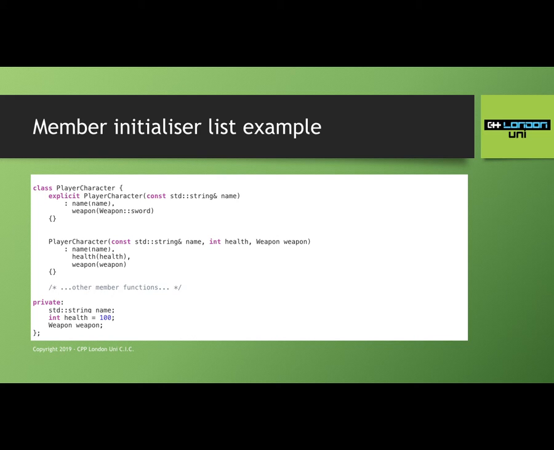So we're writing a game, we've got our player character. The character's got a name, it's got a health value, and the character wields a weapon, right? This is appropriate for whatever number of games you can imagine.